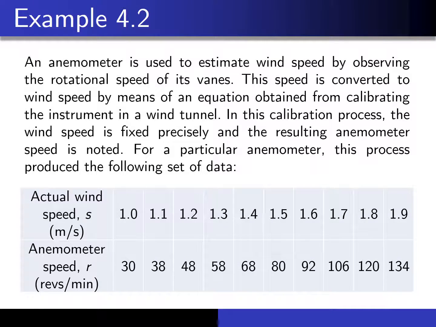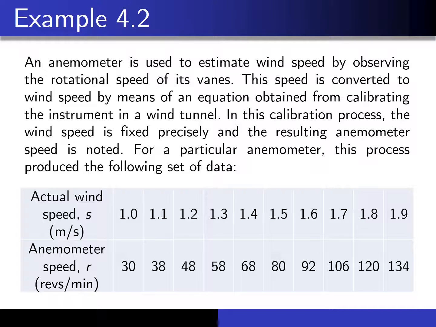Let us now consider another example that illustrates the concept of the reliability of estimate obtained from a regression line. Refer to example 4.2 in your lecture notes. An anemometer is used to estimate wind speed by observing the rotational speed of its vanes. This speed is converted to wind speed by means of an equation obtained from calibrating the instrument in a wind tunnel.